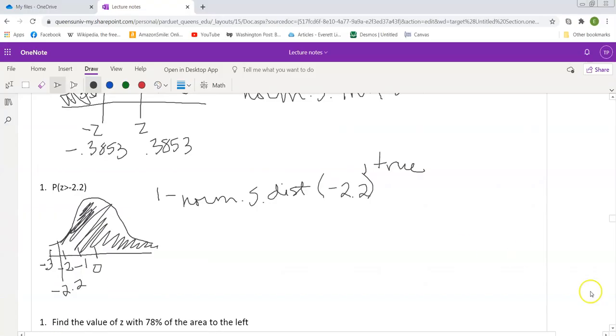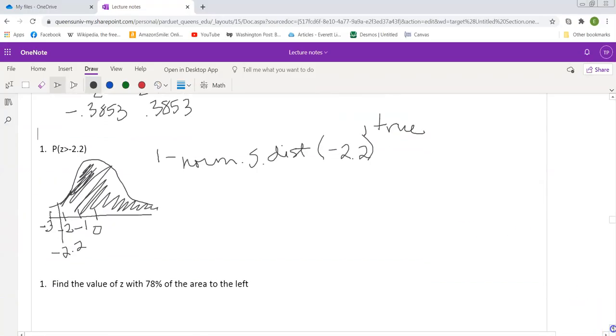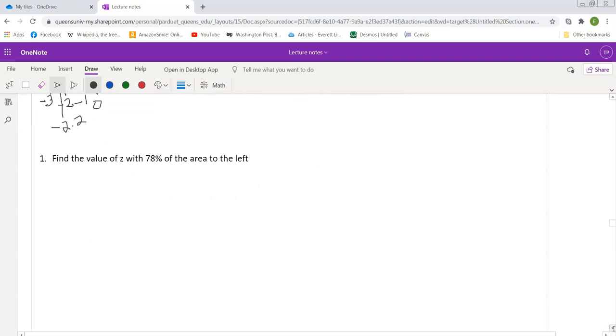One more. The value of z with 78% of the area to the left. So 78% of the area to the left is going to be more than half. So that looks like it's about 3/4 to me.